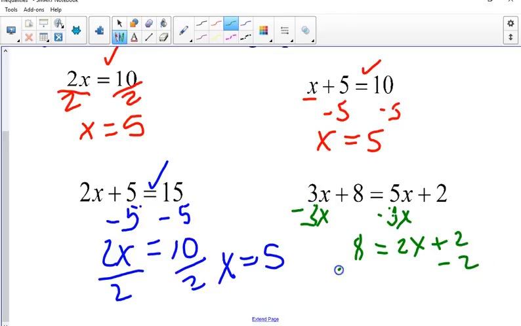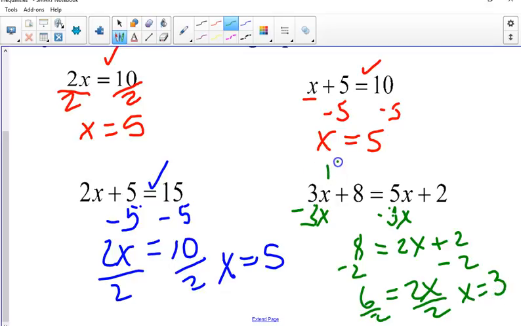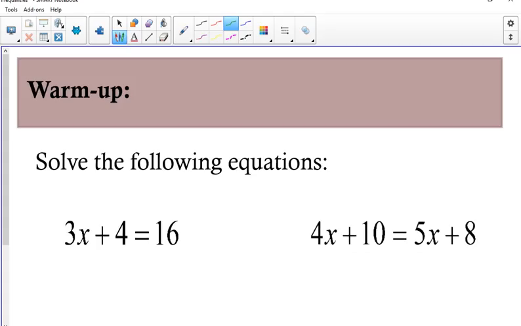So we're going to subtract 2, we get 6 equals 2x. And we would then again divide by our 2. And so x would equal 3. If we check that, 3 times 3 is 9, plus 8 is 17. 5 times 3 is 15, plus 2, 17. Again, that checks. So hopefully you check those on your papers as well.